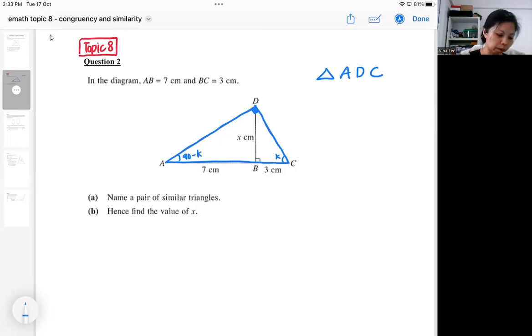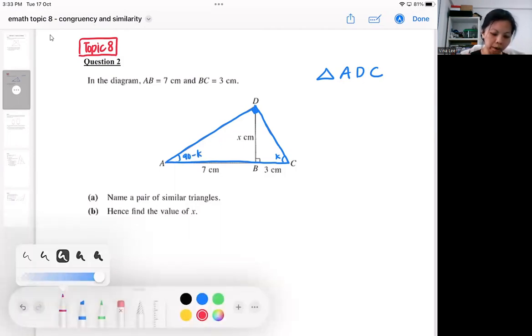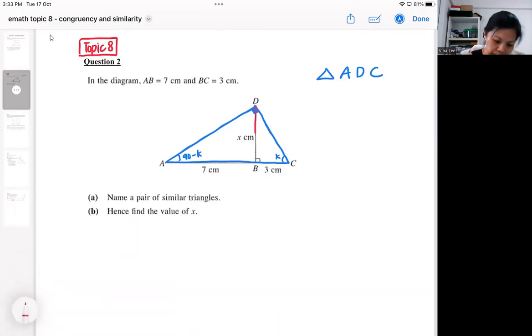Okay, so the first one, which other triangle also has a 90-degree? If you look carefully, there is also another 90-degree here. And here will be the 90 minus K. So in this case, you will match accordingly.